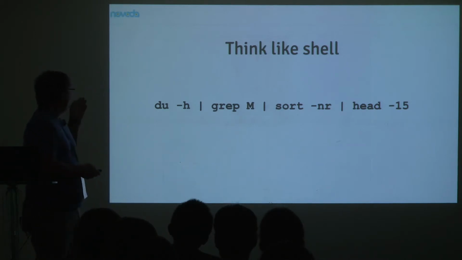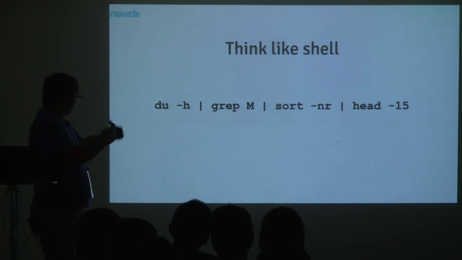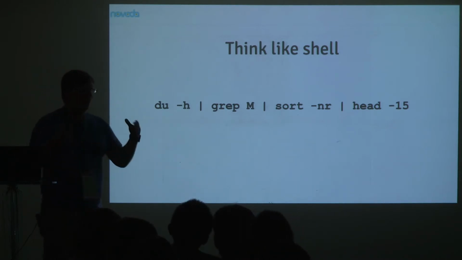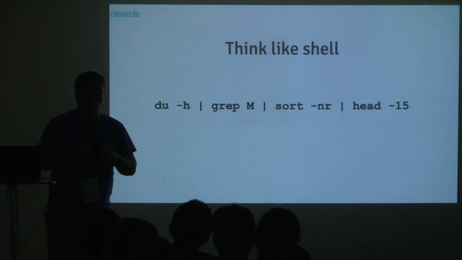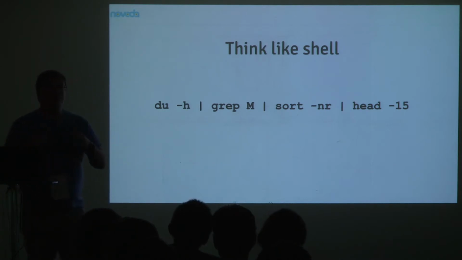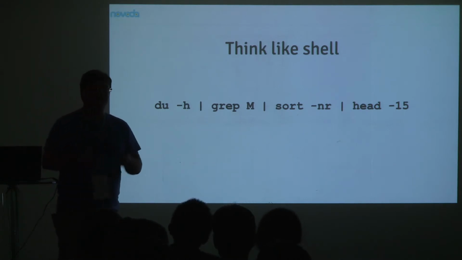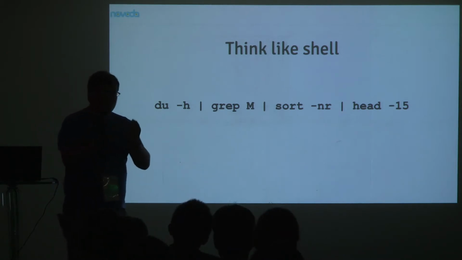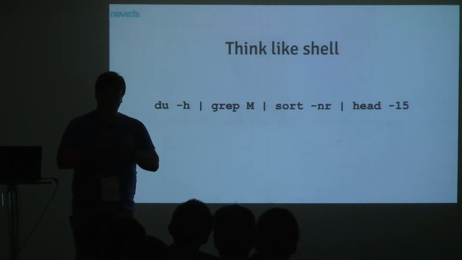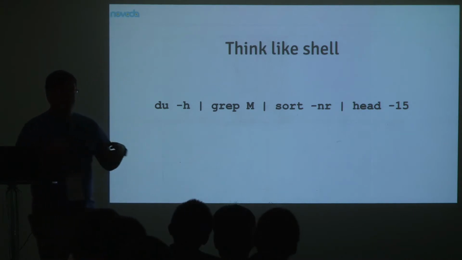In here, you list a certain number of files. You're going to grep to search the ones that contain M, and then you're going to sort them, and then only keep the first 15. And the idea here is this is what you're trying to achieve with your processing, with your domain. You're going to try and reason with what are the small steps I'm trying to achieve. I'm going to break it down in those small steps and combine them together to create your big processing.